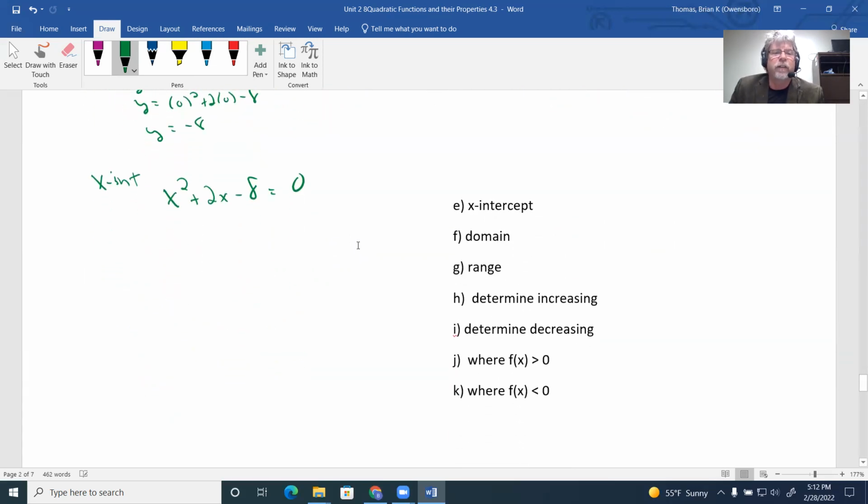Well, there's not a GCF, but if I use big T, what I'm looking for are the factors of negative 8 that give me this 2. A 4 and a negative 2 would do that. So this is going to factor into x plus 4 times x minus 2 is equal to 0.